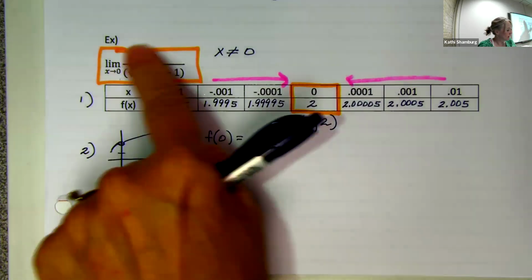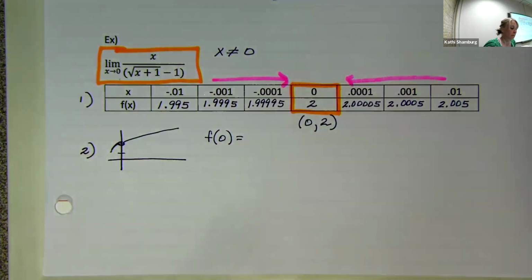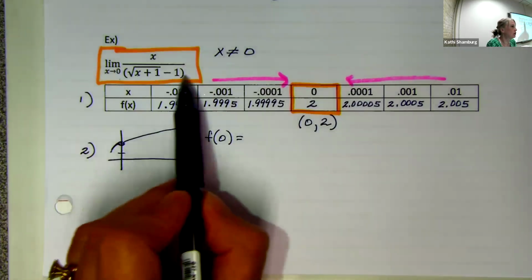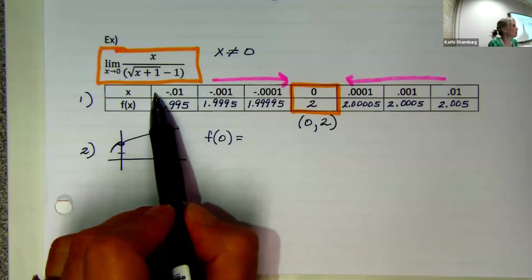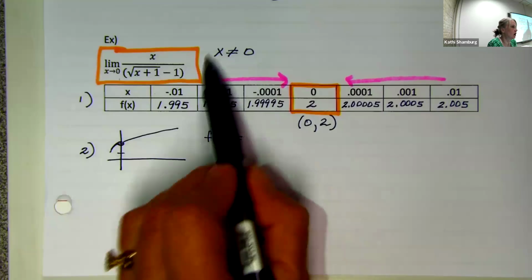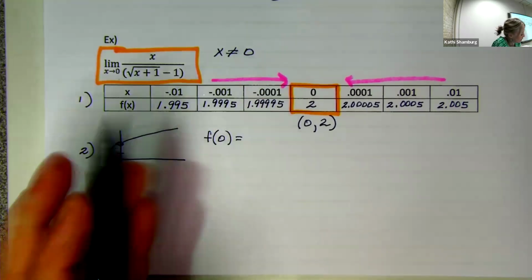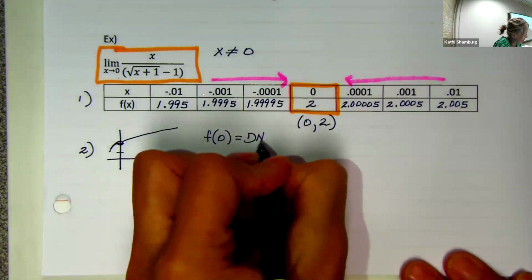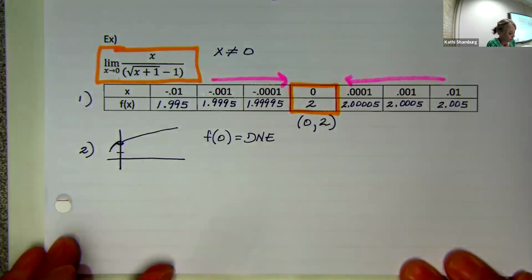Now if I ask you what's going on at f at 0, that would mean you would plug in 0 here. What would you tell me? What happens if I directly plug in 0? We just calculated it. It does not exist, right? Because we got the denominator of 0. We talked about how x cannot equal 0. So this does not exist at that point.